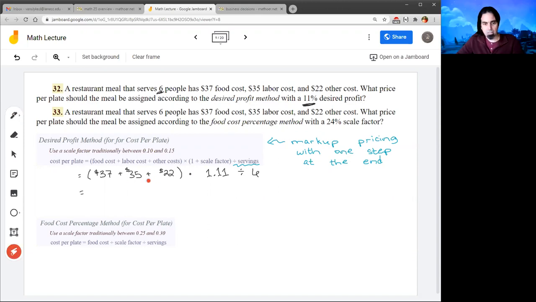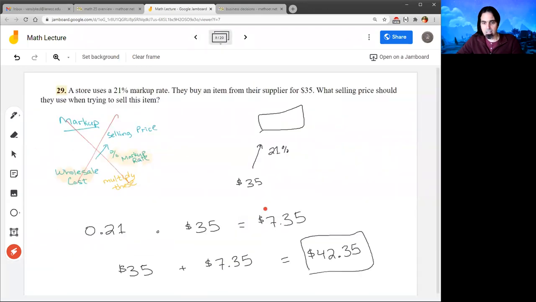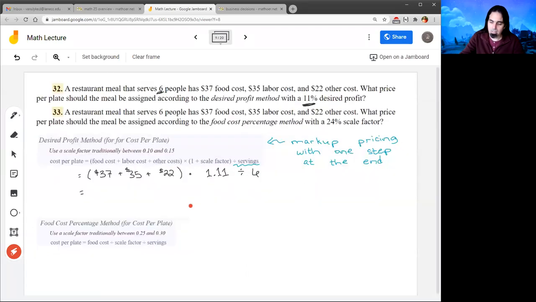So we're taking the wholesale cost to the business. The 1+ trick is to go up a certain percent and then add it in all in one step. So we took this amount and combined it with the original all in one step. So what did you get as your answer?